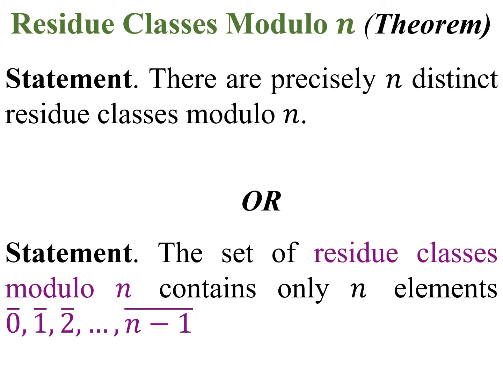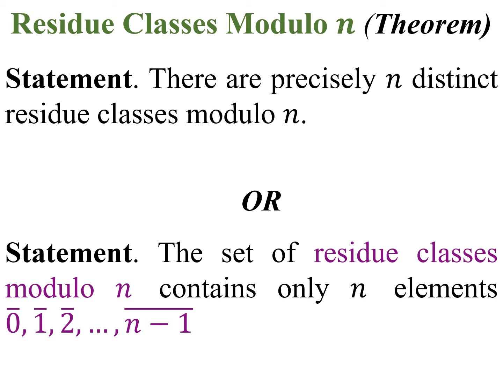Like the set of residue classes modulo 6 contains only 6 elements, class of 0, class of 1, class of 2 up to class of 6 minus 1, that is class of 5.